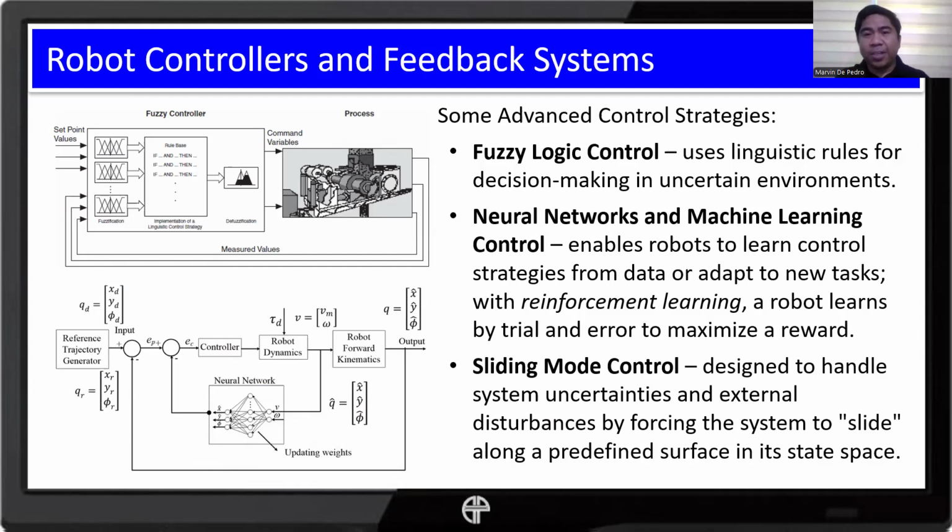In addition, we also have the sliding mode control, designed to handle system uncertainties and external disturbances by forcing the system to slide along a predefined surface in its state space. This one could include a neural network as well, somewhat more advanced: a neural network plus sliding control.